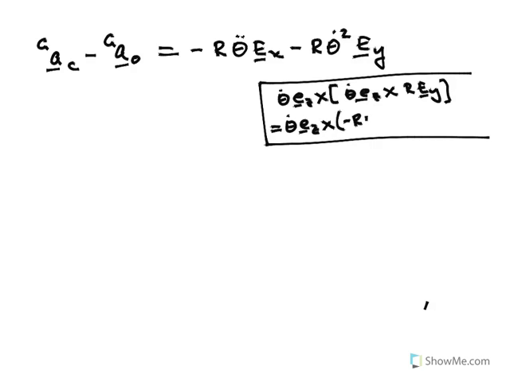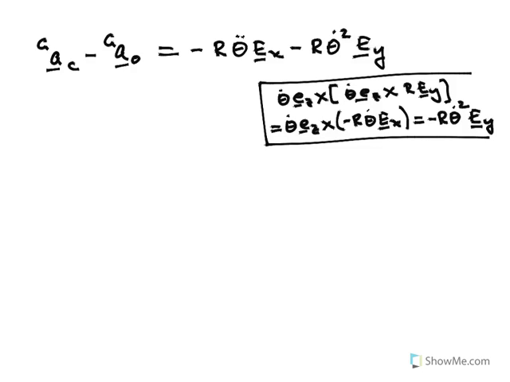I got minus R theta dot times EX. And then this is equal to minus R theta dot squared. EZ crossed with EX is EY. So that's how I got that result.